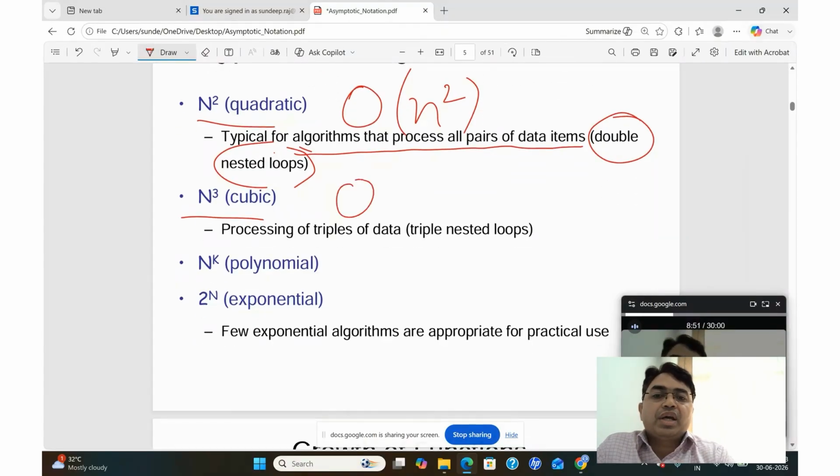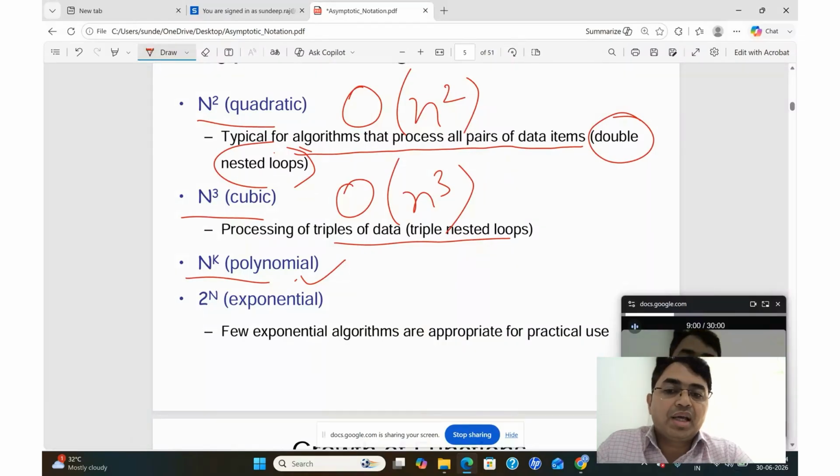Similarly order of n cube will be a triple nested loop, and n to the power k type of complexities will be called polynomial complexities: n cube, n square, and so on.